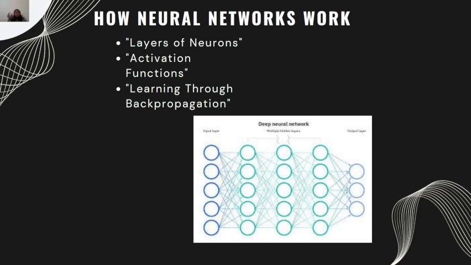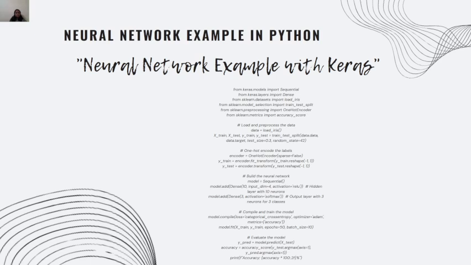ReLU applies a linear transformation for positive inputs and zeros for negative inputs, which helps to avoid the vanishing gradient problem. The network learns by iterating over the training data and adjusting weights to minimize the error using gradient descent.